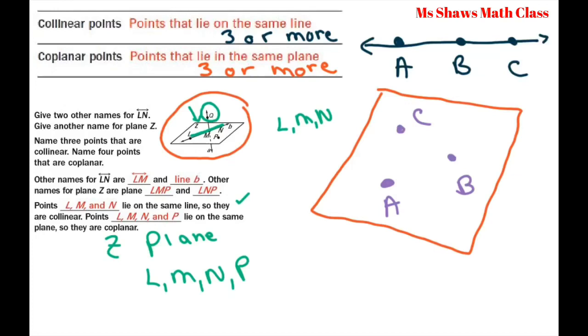So if you have points, say, L, M, and Q, they are not coplanar. So let's look at some more examples.